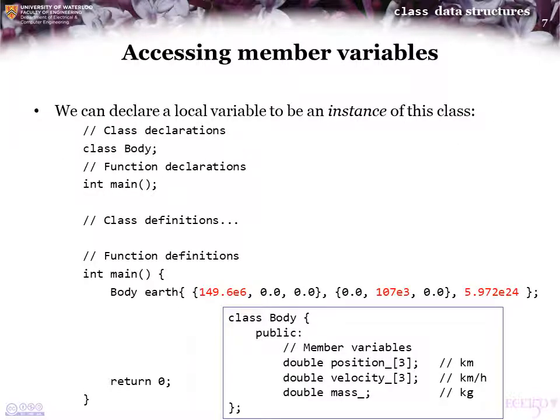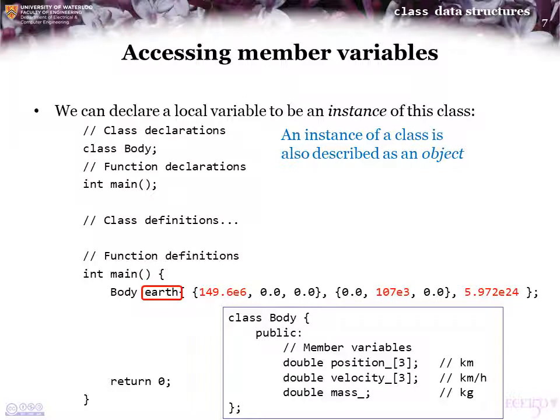All right, now that we have declared body to be a class, we can now declare a local variable to be an instance of this class. An instance of a class is also sometimes described as an object, hence object-oriented programming.